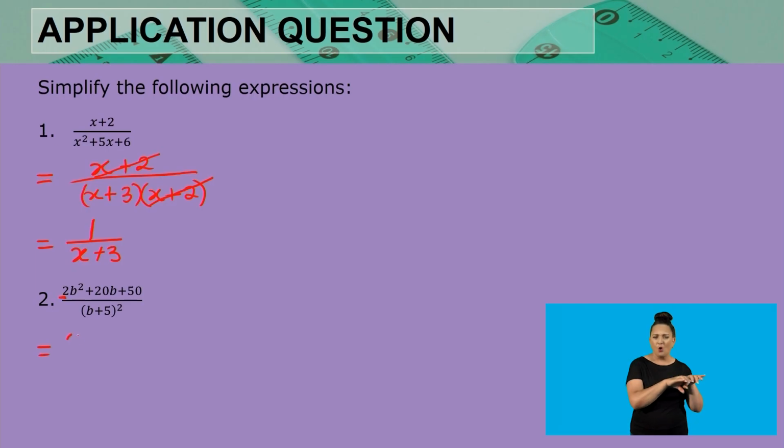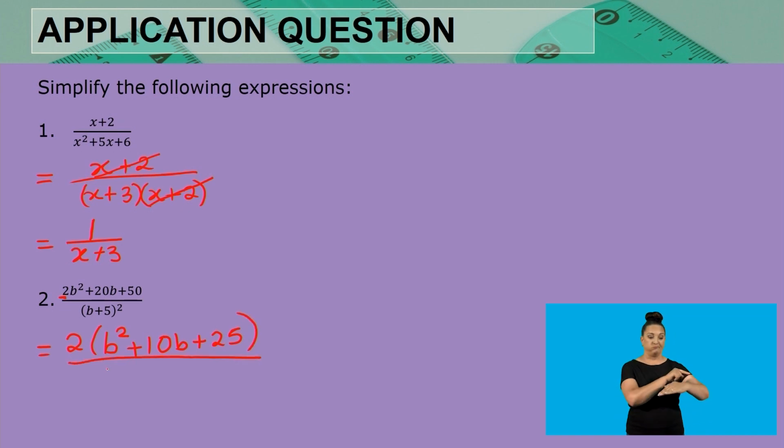So I am going to take it out as a common factor, and we are left with b squared plus 10b plus 25. At the bottom, we are going to have our b plus 5 with our b plus 5.